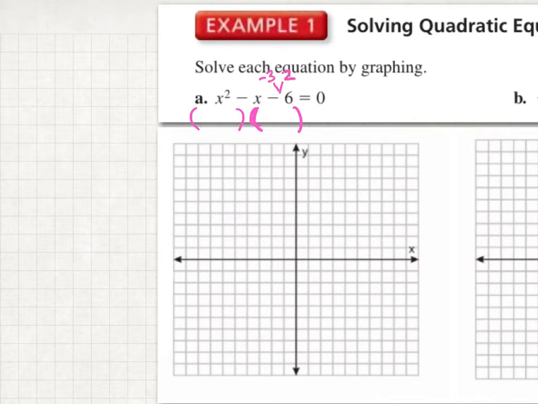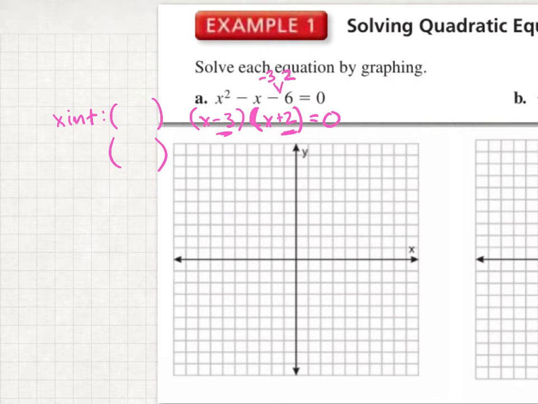Negative 3 and 2. So we have x minus 3 and x plus 2. So we just changed our equation from standard form to intercept form. Now we see our p and our q. What do we need to do to the signs of our p and our q for our x-intercepts?